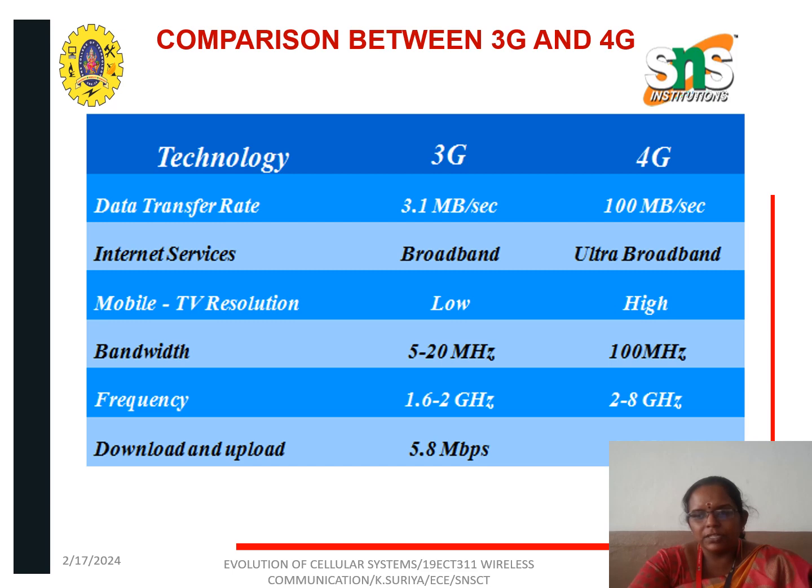Bandwidth for 3G is 5 to 20 megahertz, and for 4G it's up to 100 megahertz. Frequency is 1.6 to 2 gigahertz for 3G, and for 4G it is 2 to 8 gigahertz, and the download speed and upload speed is 5.8 megabits per second, whereas for 4G it's up to 100 megabits per second.